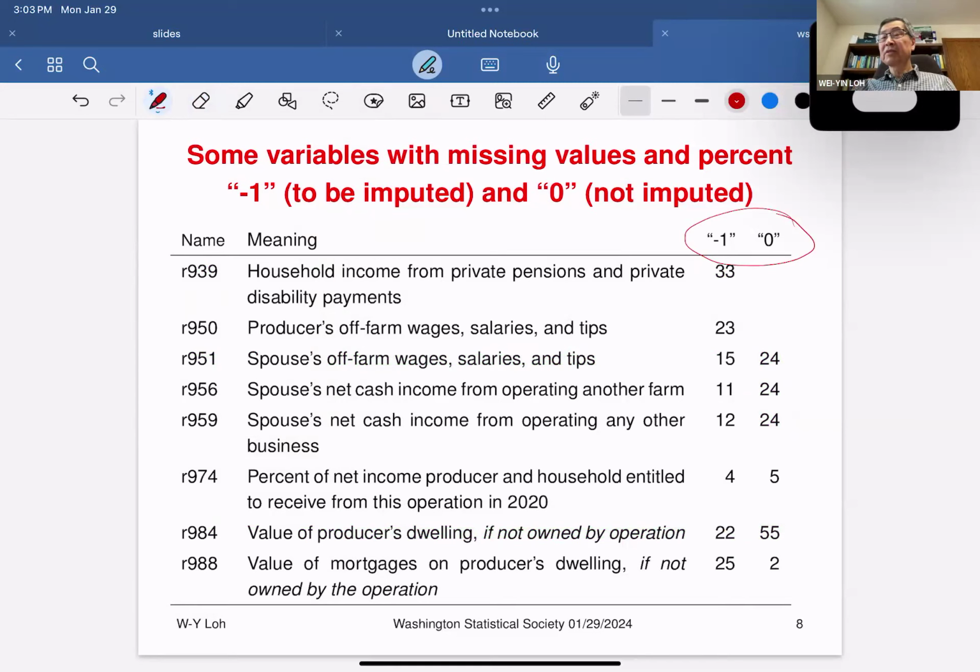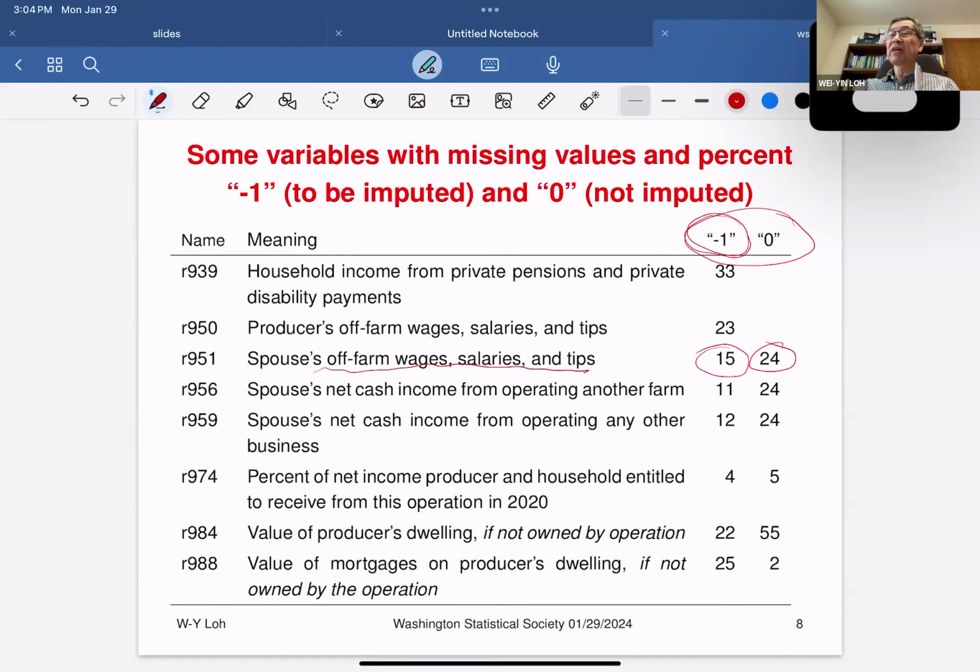Like spouse or farm wages, 24% of them are in this category, and you can impute it with 0, maybe, because if there's no spouse, how can you have any income from that spouse? But if it's a spouse's age, it wouldn't make sense to impute the spouse's age to be 0 just because there's no spouse, right? So the 0 is a special kind of missing. The -1 is sort of a refuse-to-answer kind of missing, and 15% of them did not answer, right? And they are possibly married farmers, but they did not give the answer here for how much the spouse earned in off-farm wages, salaries, and tips.